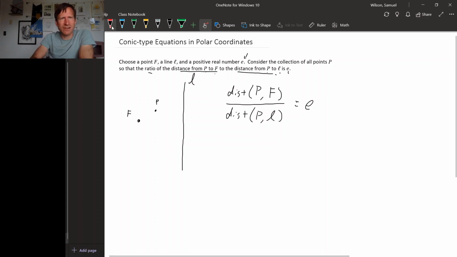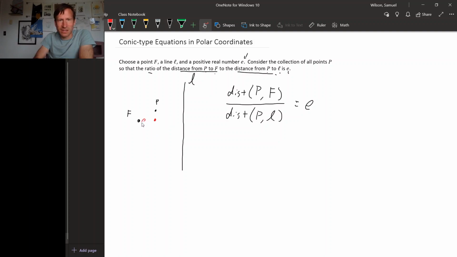Just to get an idea of what this might look like, if E is less than 1, that means the numerator in this ratio is smaller than the denominator, and that means our points are closer to F than they are to the line L. So right in between F and L, there's going to be 1 point.